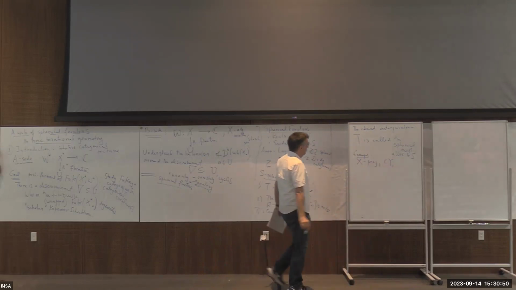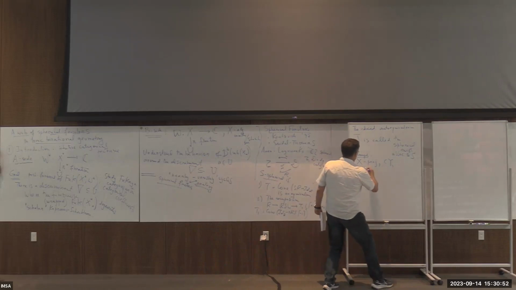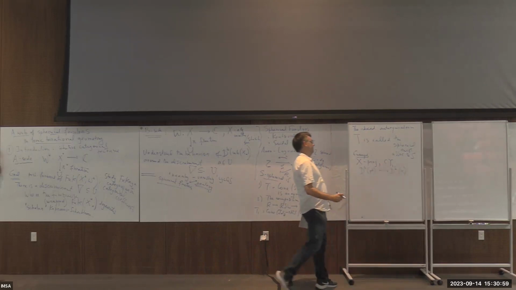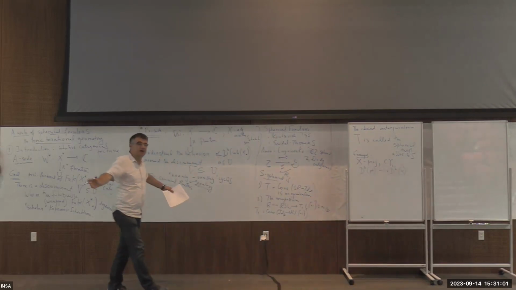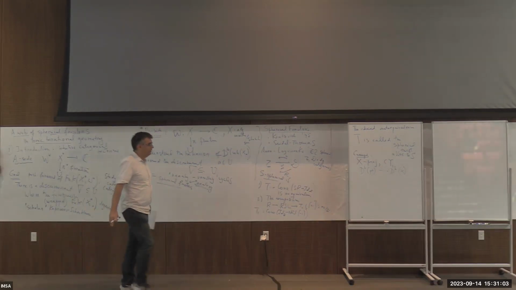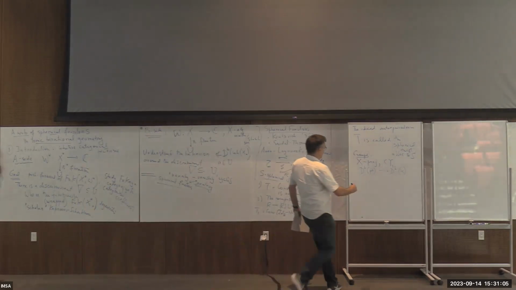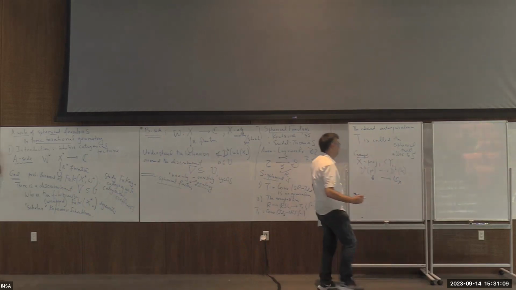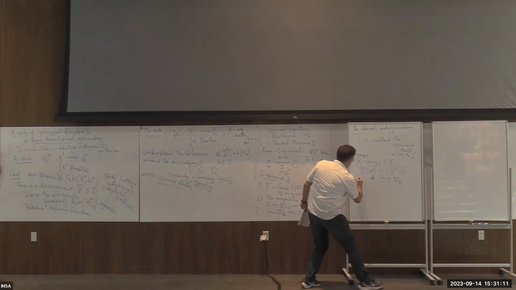Then one could take the following functor from the category of graded vector spaces, K goes to O_X, and this is spherical.